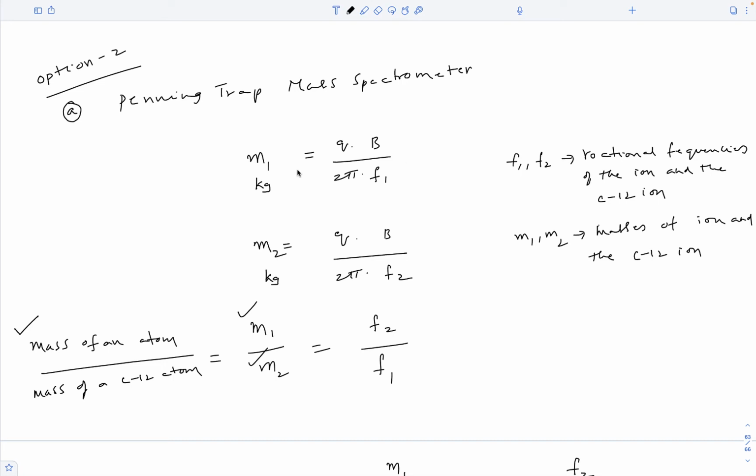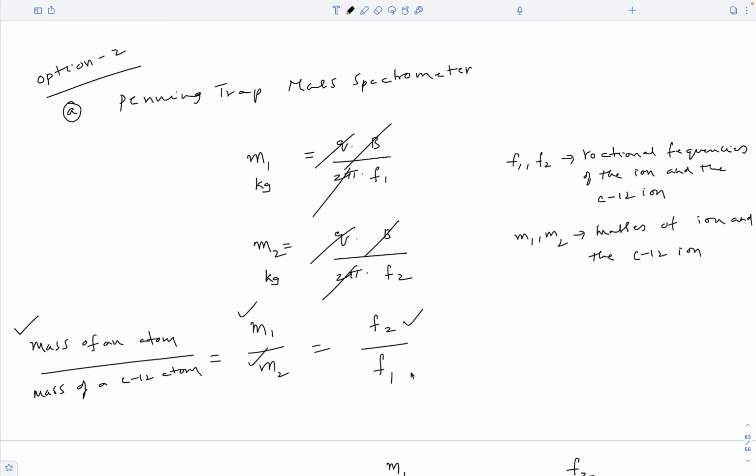See, if both the ions are passing through the same magnetic field, maybe simultaneously, then B is the same in both the cases. So, if I take the ratio between these two, the B's get cancelled. Assuming they carry the same charge, Q's get cancelled, these numbers get cancelled, so I am left with F2 over F1.